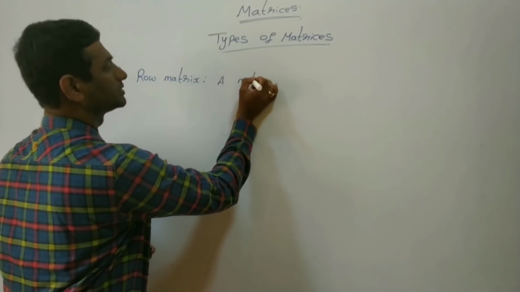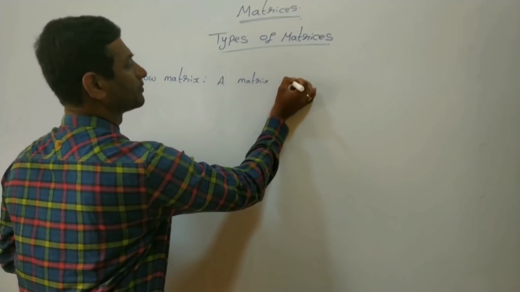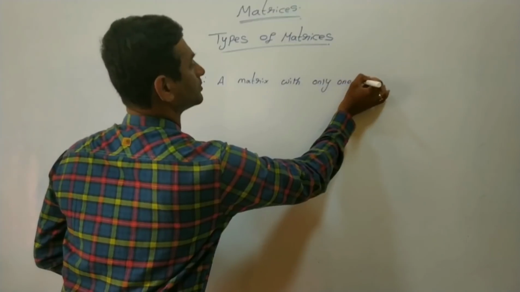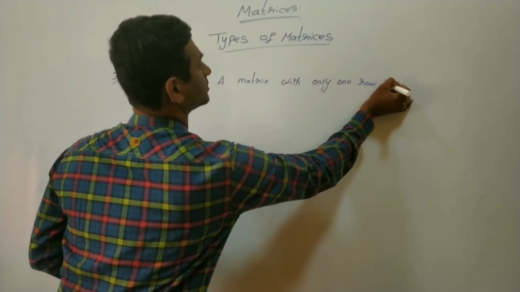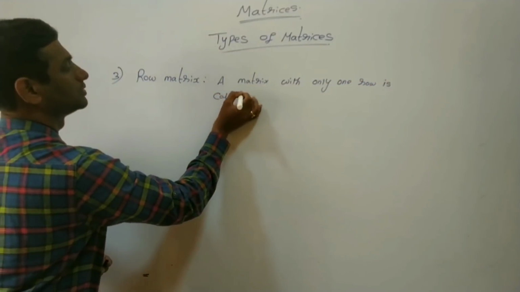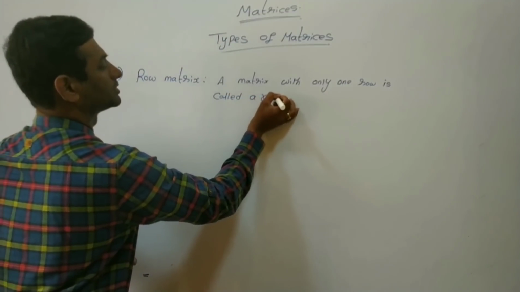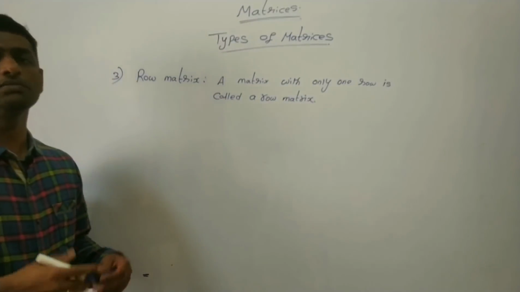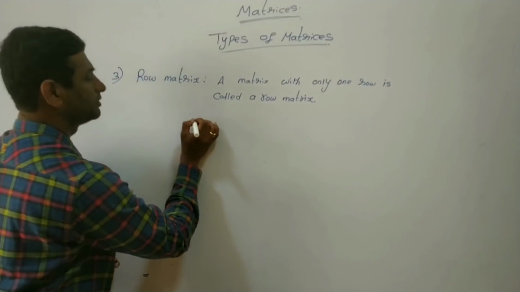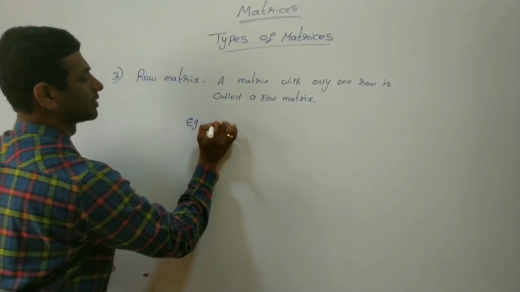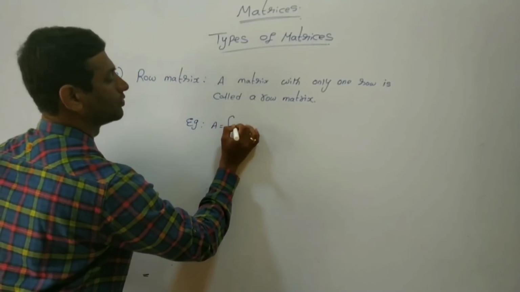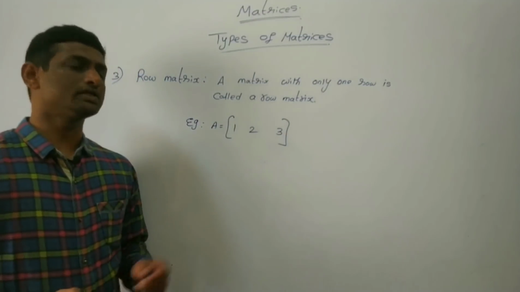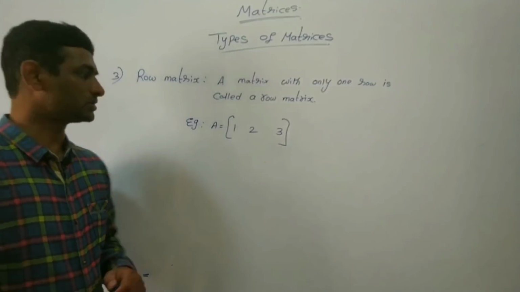A matrix with only one row is called a row matrix, which means it has only one row and it may have any number of columns. Example, A is equal to 1, 2, 3. It is a rectangular matrix with only one row and 3 columns.